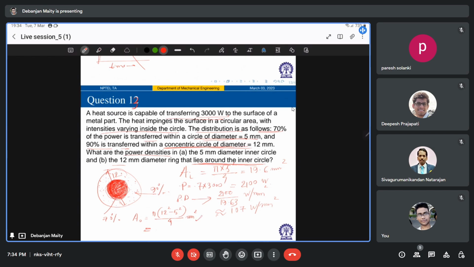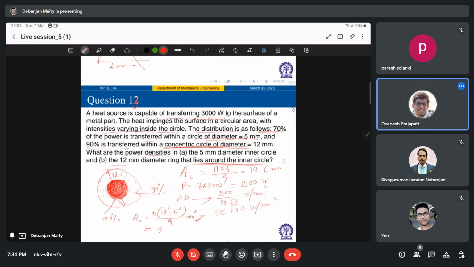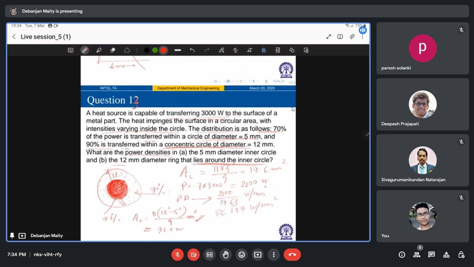Can you provide me a value for this? 93.46. 93.4 mm square. So if this area is 93.4, what will be the power in this dotted region? Power outside, let's say.